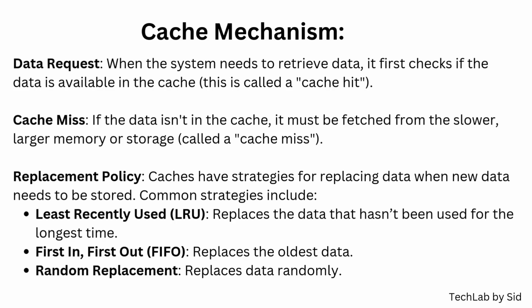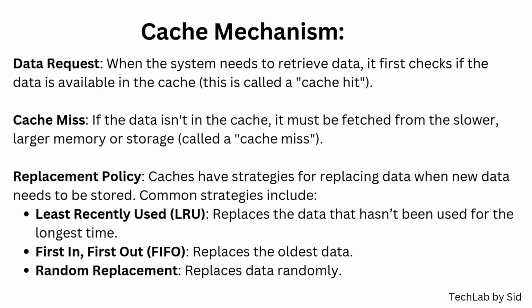Cache mechanism. Data request. When the system needs to retrieve data, it first checks if the data is available in the cache. This is called a cache hit. Cache miss. If the data isn't in the cache, it must be fetched from the slower, larger memory or storage, called a cache miss. Replacement policy.